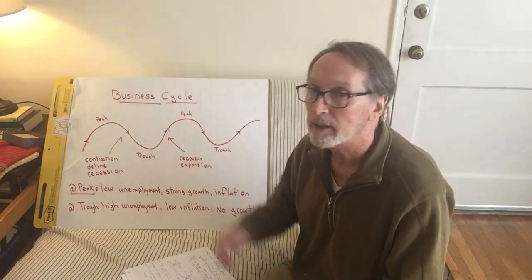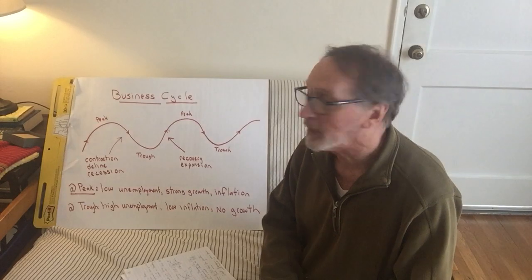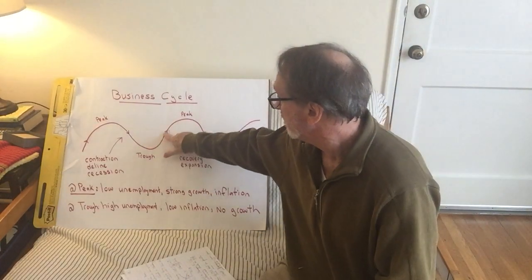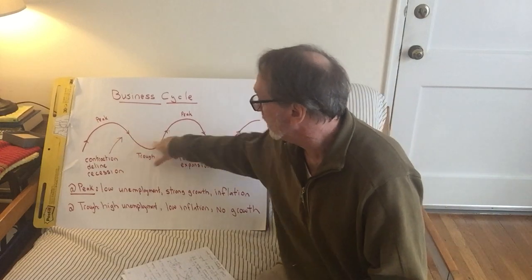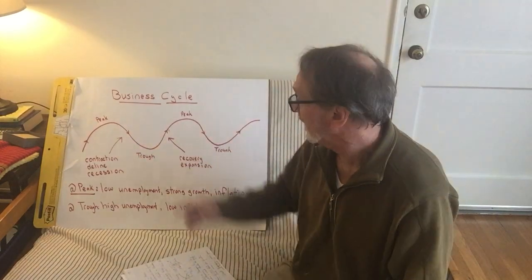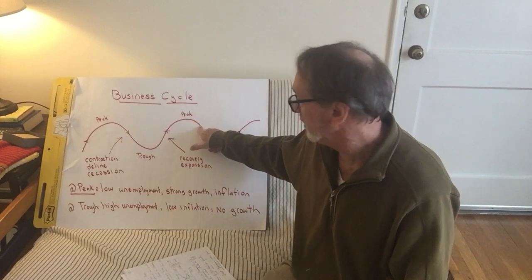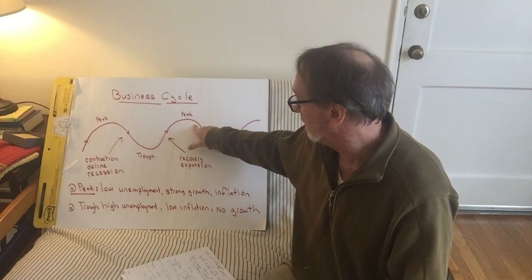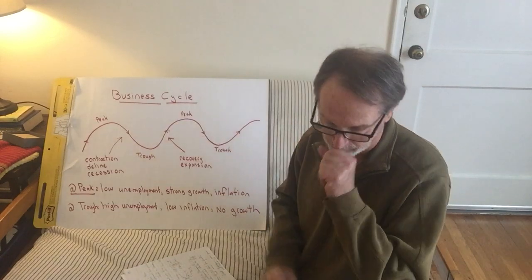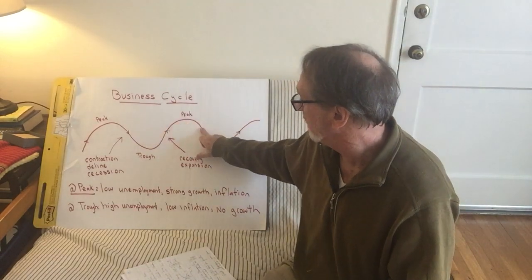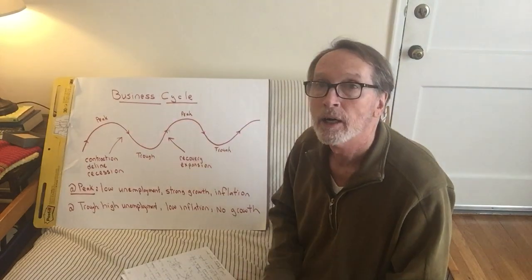And head to another peak. So what the government and the Federal Reserve are trying to do is moderate the peaks and moderate the troughs, right? They want to lessen the peak moment, take care of inflation, slow things down at the peak. So they're going to try to mitigate the extremes of the peak.